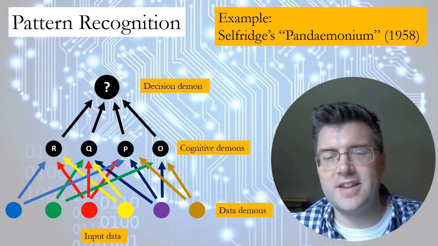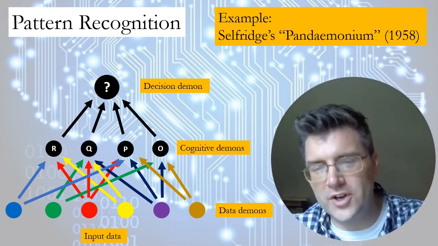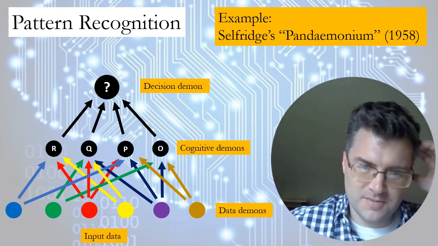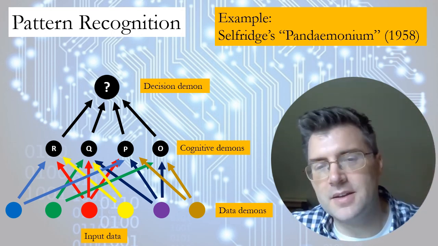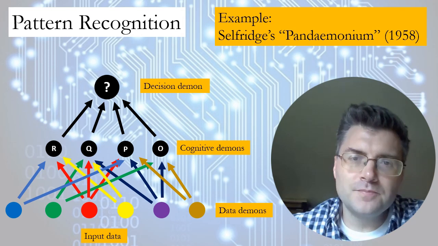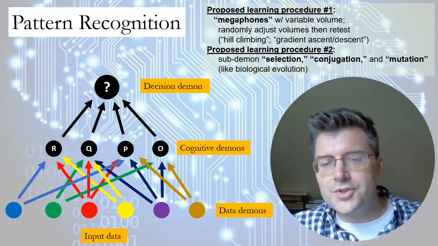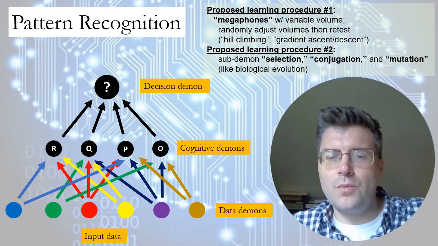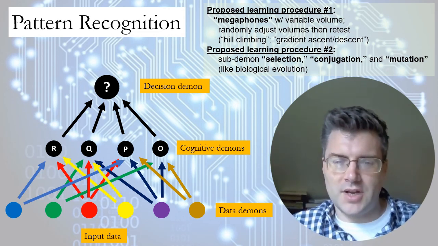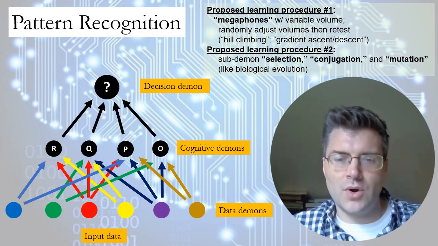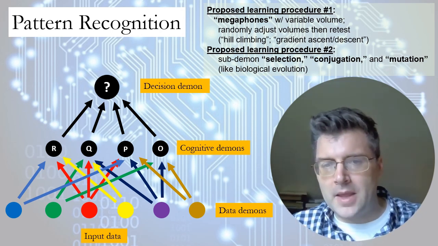The decision demon then calls out which letter he or she thinks is being presented in the input data. And Selfridge also proposes two possible mechanisms for improving a model like this once you have one. So in today's terminology, we would call these learning procedures.